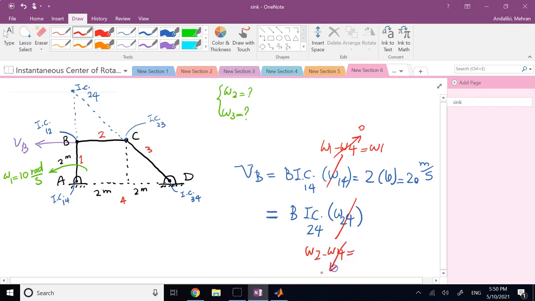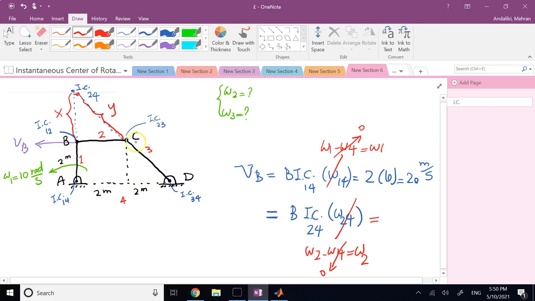And since omega 4 is 0, this is omega 2. So omega 2, I don't know. The distance now I need is this distance from here to here. And you might call it whatever you want. Let me call it x. So I need this x. Also, later I need this distance from here to here, y. And how do I find them?